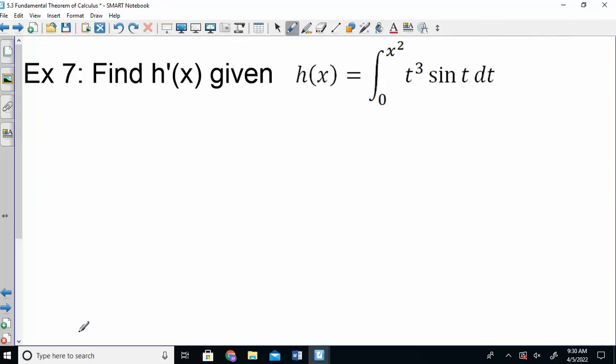So the last example for today says find h prime of x if h of x is the integral. So h prime means the derivative of the integral. So the derivative of the antiderivative. So what do we have to do here? Plug it in. So we're going to replace each of these t's with an x squared.